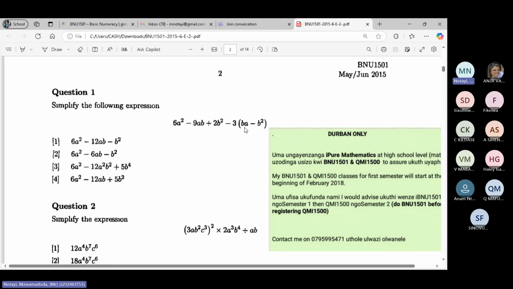You have BA. So remember, we talked about rearranging them alphabetically. So BA is going to be AB. And then you multiply everything in the bracket by that 3 that is outside the bracket. Let me know, what do you get?